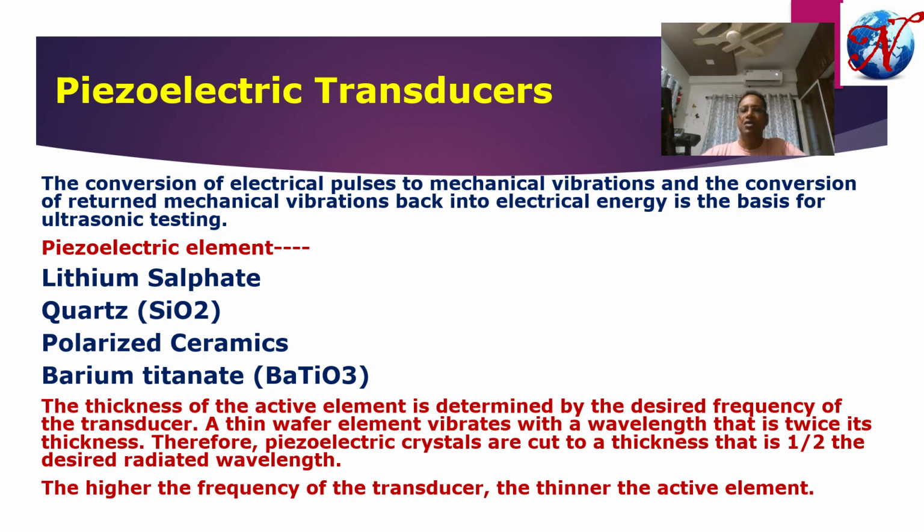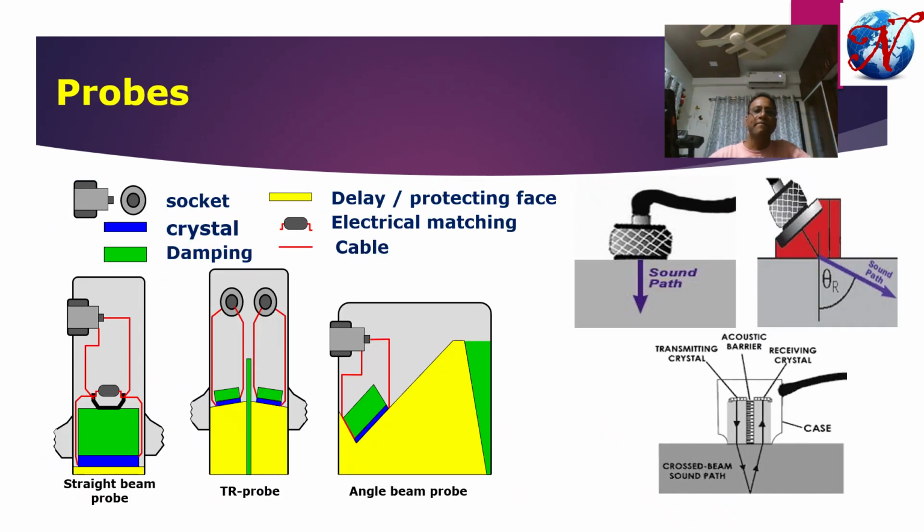So some alloyed material like PZT, lead zirconate titanate, is prepared such that all these characteristics, whatever we require for proper sensitivity and resolution of the probe, are maintained. There are three types of probe we use in industrial applications.